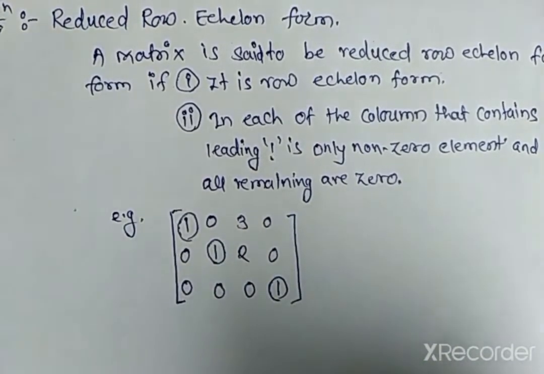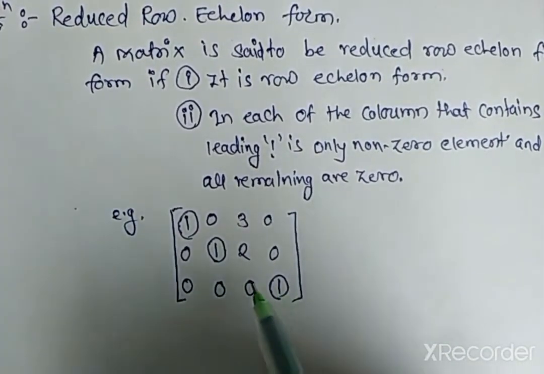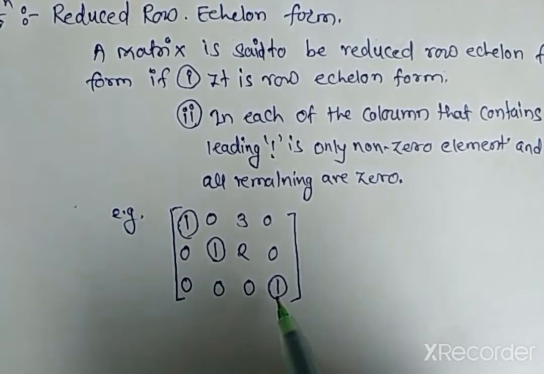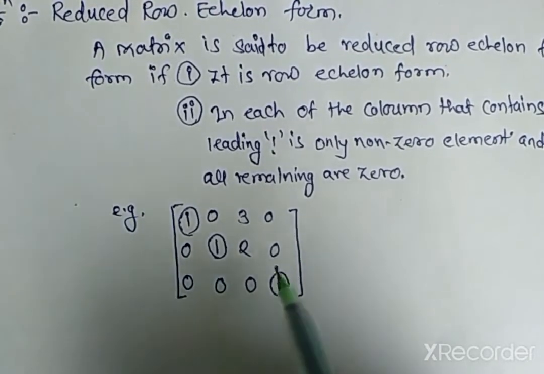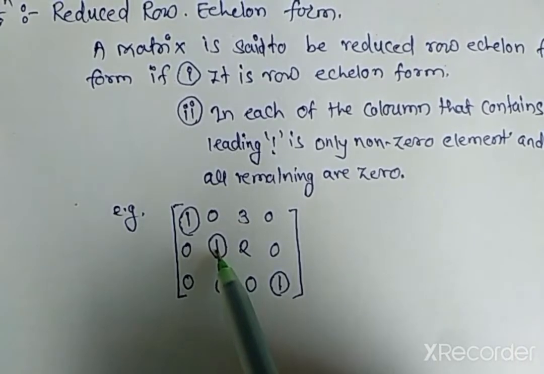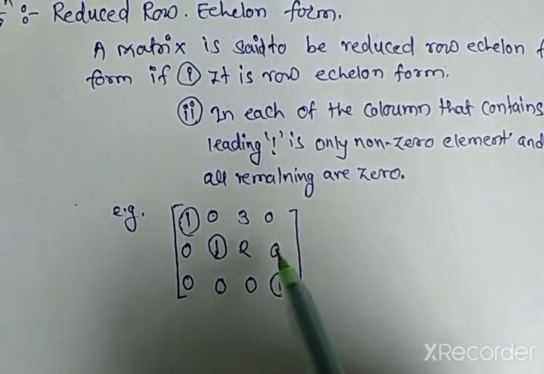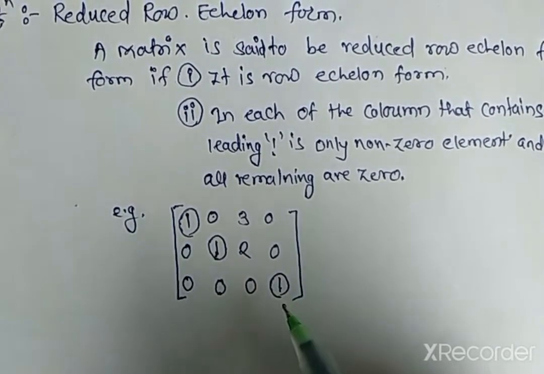So this is a reduced row echelon form of a matrix. The leading one is the only non-zero element in its column and the remaining are 0. Such a type of matrix is known as reduced row echelon form.